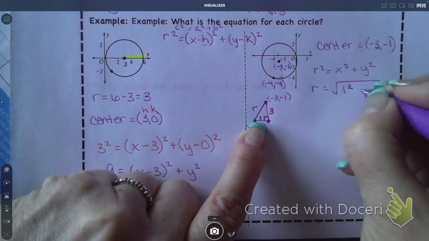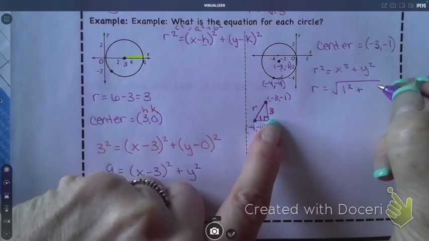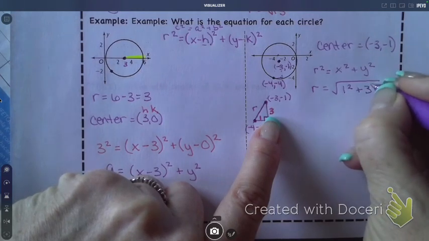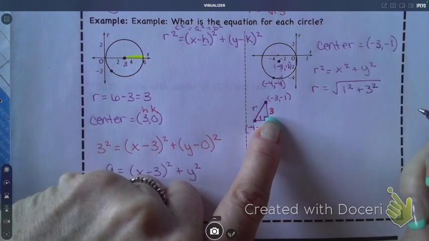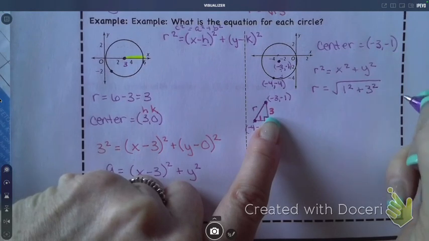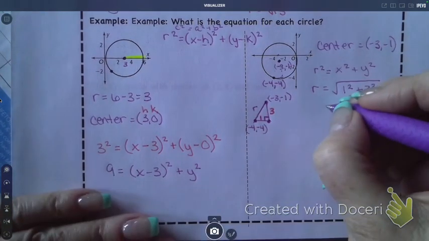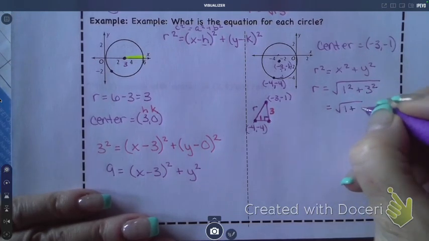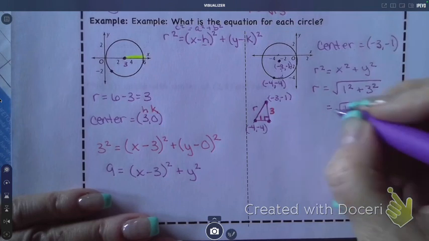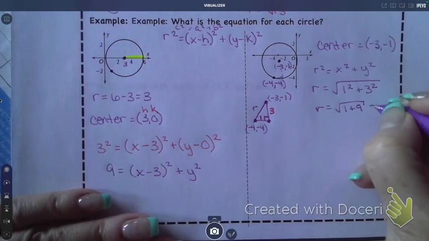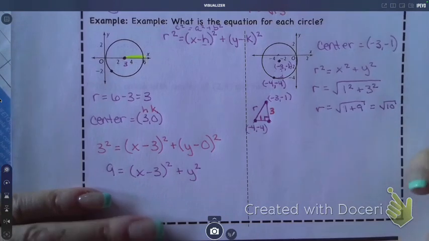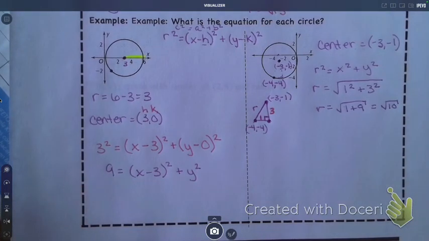So 1 squared plus, what's my y? 3. So 3 squared. 1 squared is 1. 3 squared is 9. So I'm pretty sure r is going to equal the square root of 10. You following? Okay.